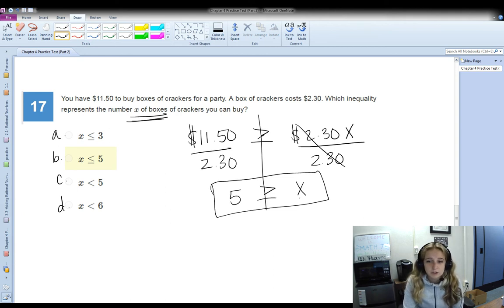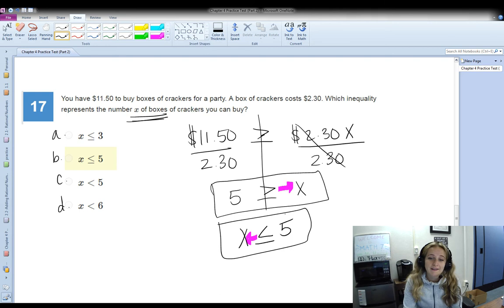So this is a little bit turned around, but remember, we can just flip it. Notice the alligator side is pointed towards x. So again, we just make sure that's pointed in the right direction, and we can make the x on the left side. So x is less than or equal to 5. All right. So your answer is B for this one.